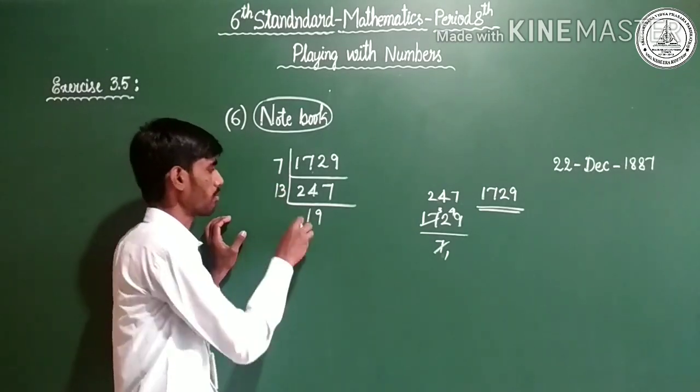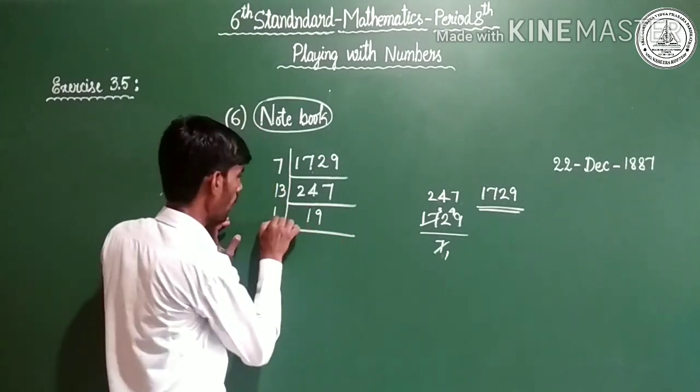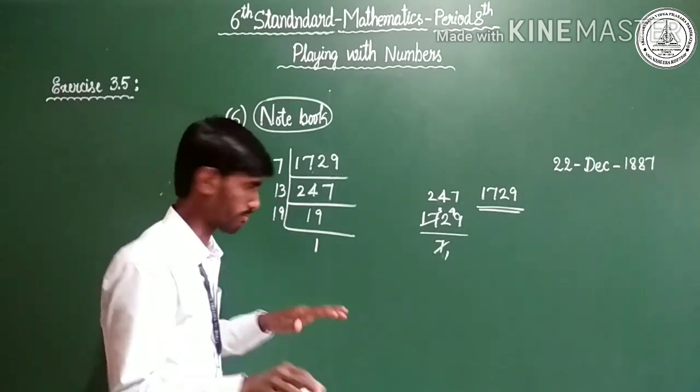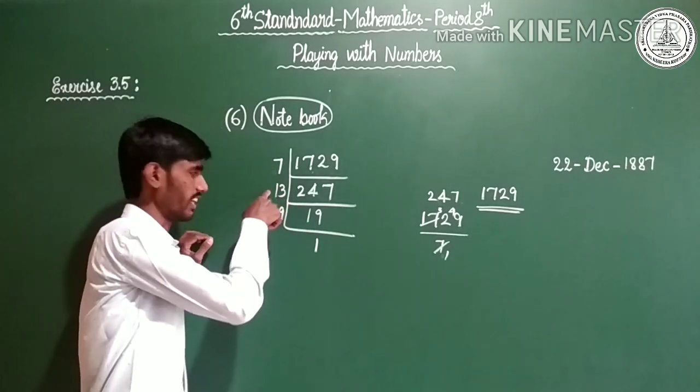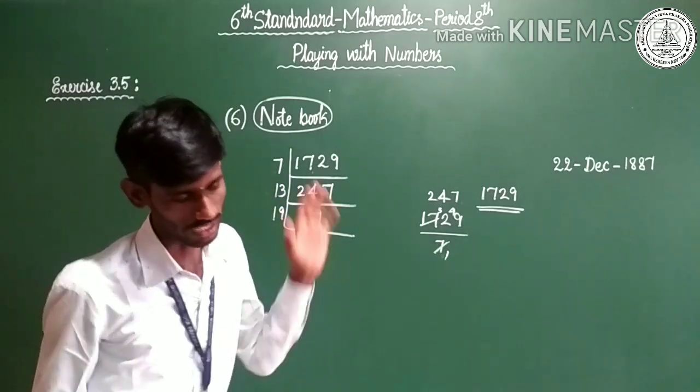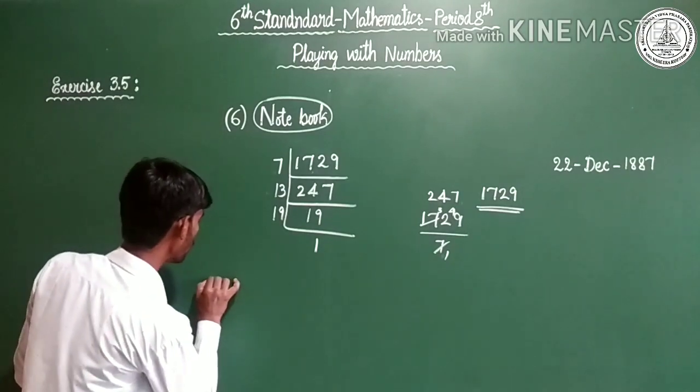Okay, it is a prime number. You may write like this: 19 1s are 19. See, we got a 1, so this solves the problem. 7, 13 and also 19 are prime numbers. The problem is finally cleared. Let us write a final statement.